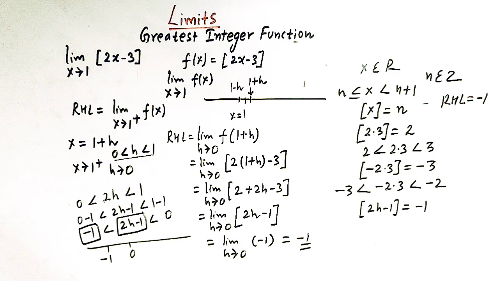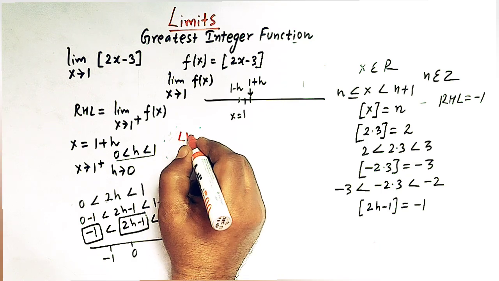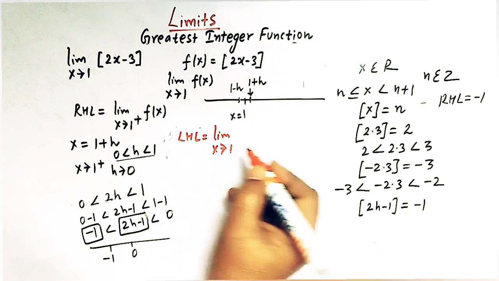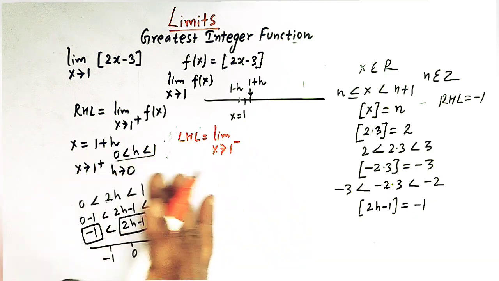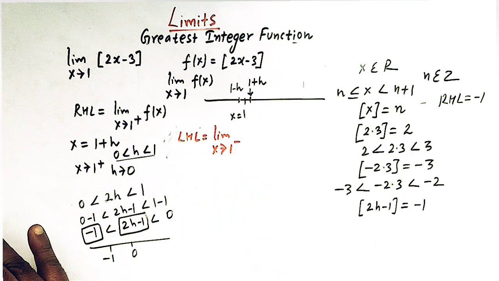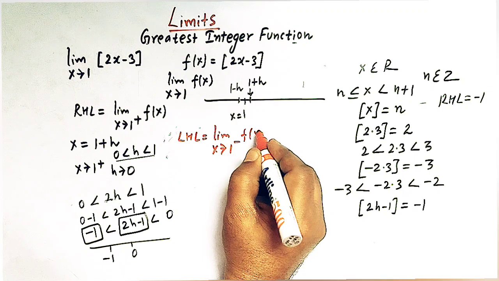So let us now find out the left hand limit. Now the notation for the left hand limit is given by limit x tends to 1 with a negative sign, which shows that now we are approaching x equal to 1 from the left of x equal to 1. So here we have f of x.